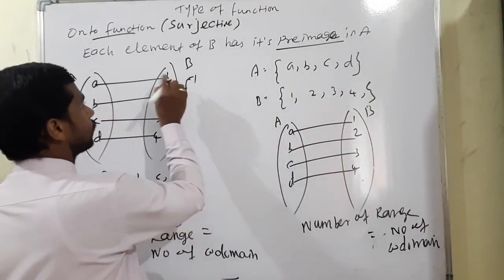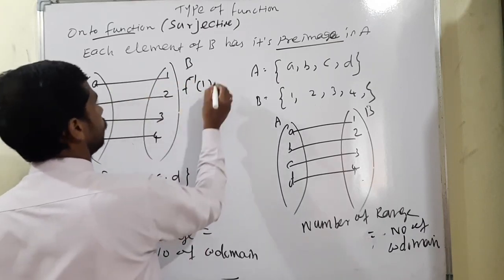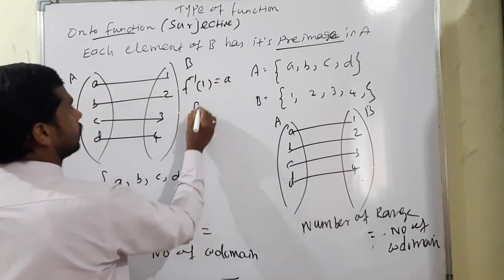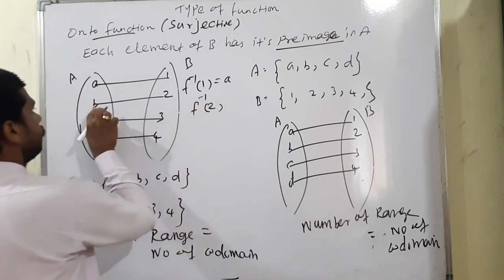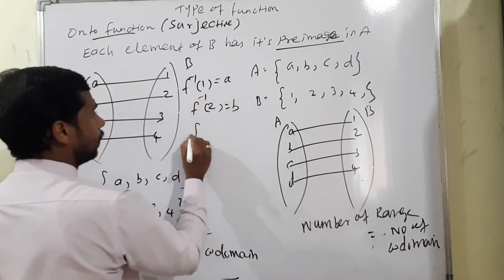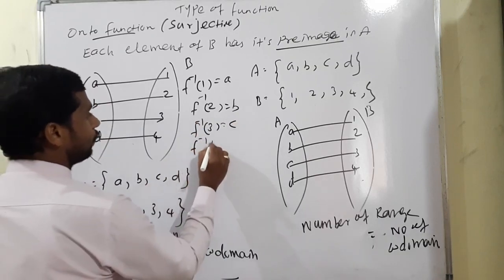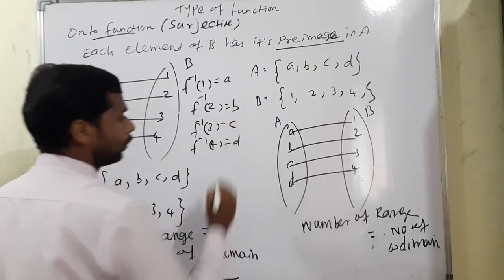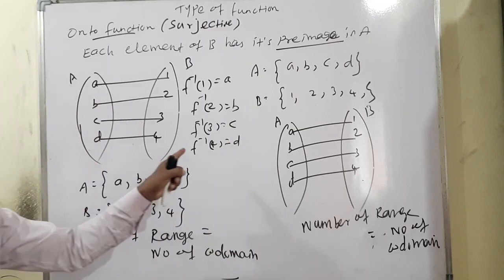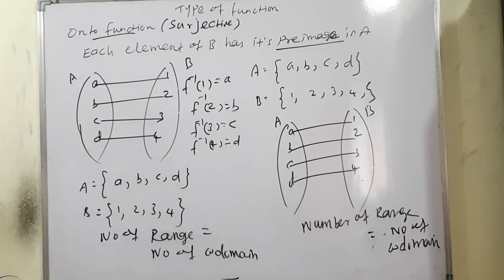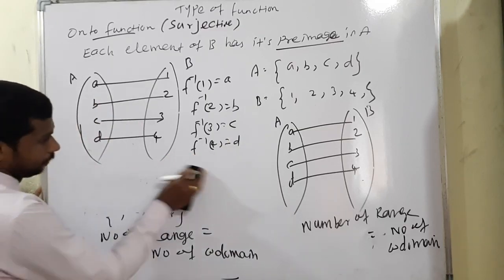F inverse of 1 is equal to what value? A. At the same time F inverse of 2 is mapping to value B. Then F inverse of 3 is mapping to value C. Then F inverse of 4 is mapping to value D. This is what we have to write, okay. Then another important example.